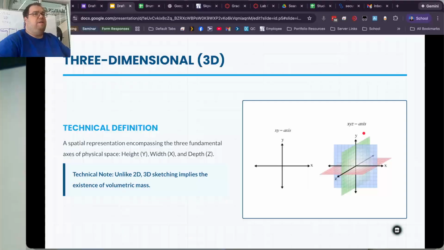The technical definition of the third dimension, or 3D, is a spatial representation encompassing the three fundamental axes of physical space: height, width, and depth. It says the three fundamental axes because you can make as many off-axes as you want. But you always start with these.